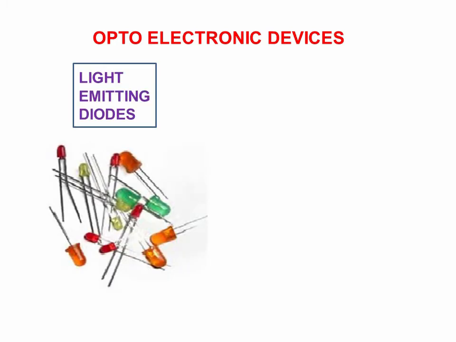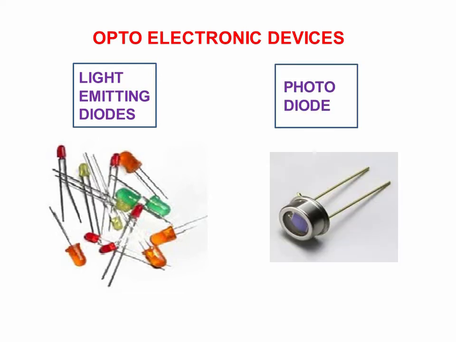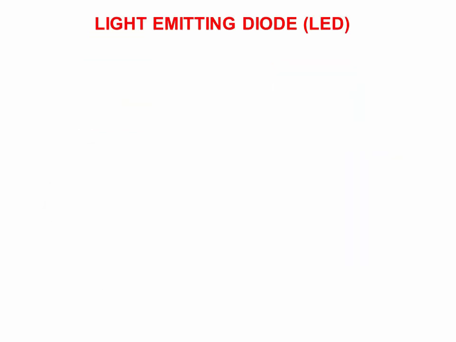Among the many optoelectronic devices, we are going to study LED, that is light emitting diodes, and photodiode. First, let us study the light emitting diode, which is known as LED. What is LED?